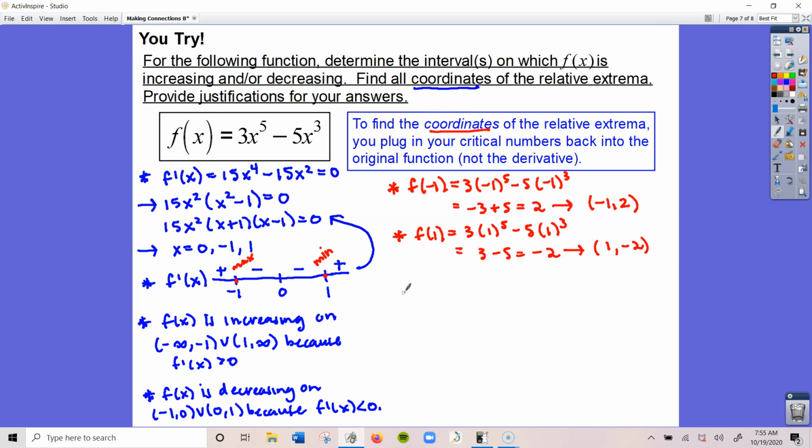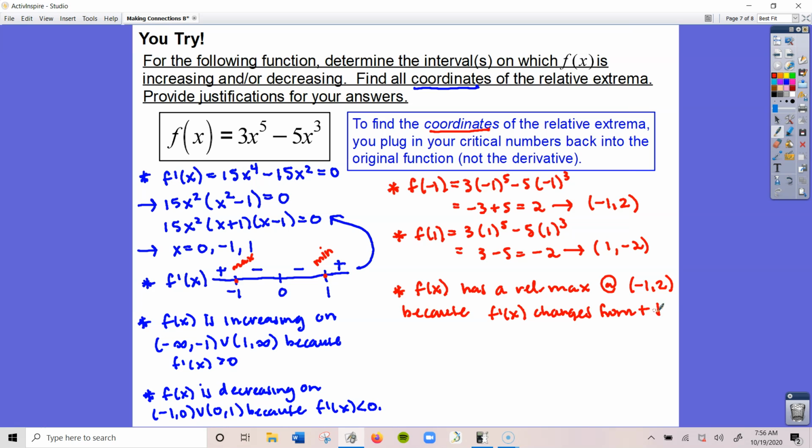Now I'm ready to write out my statements. So f of x has a relative maximum at negative 1, 2, because f prime of x changes from positive to negative.